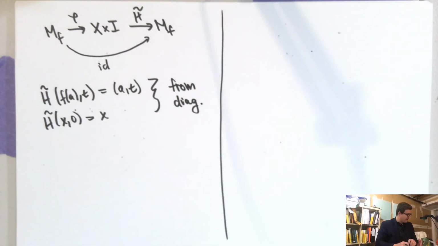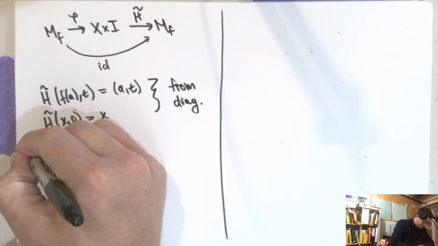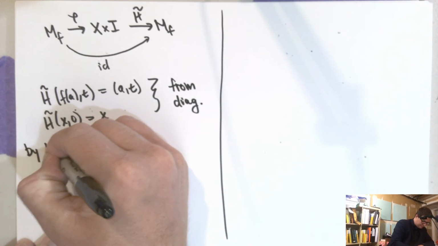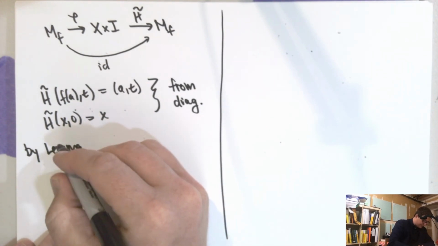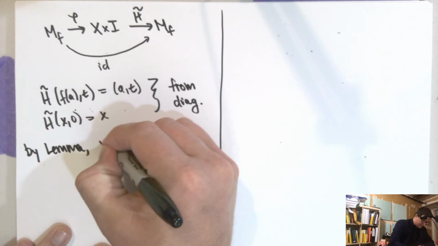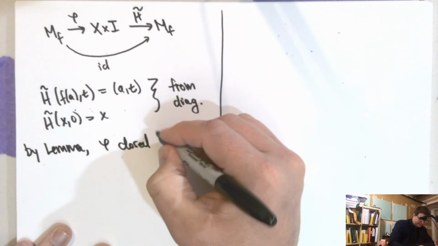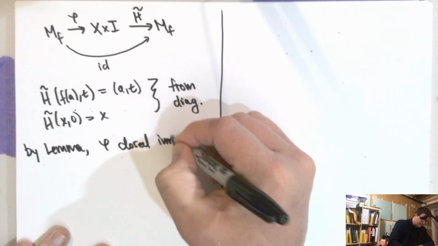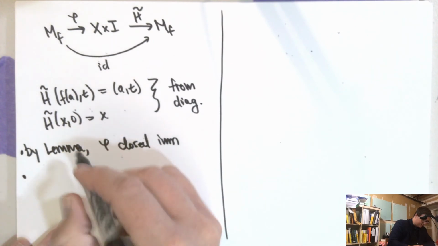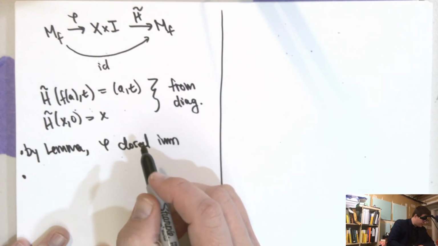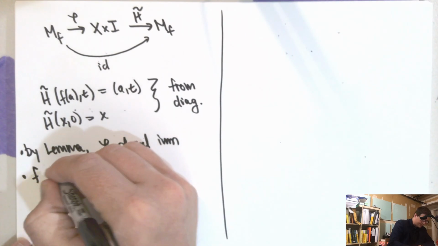By the lemma, we get that phi is a closed immersion, a closed embedding. It means that it's isomorphic onto its image, and its image is a closed subset, and that tells us that F is a closed immersion.